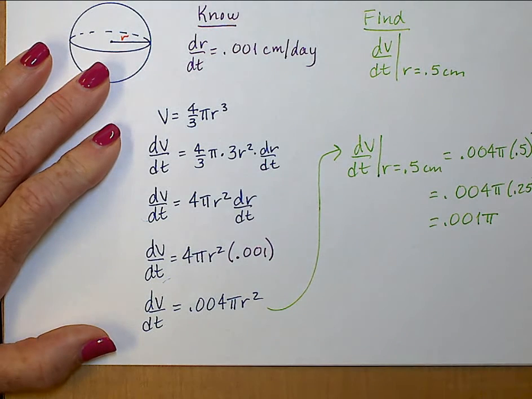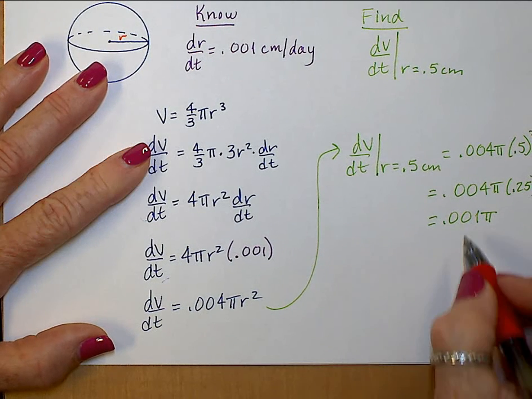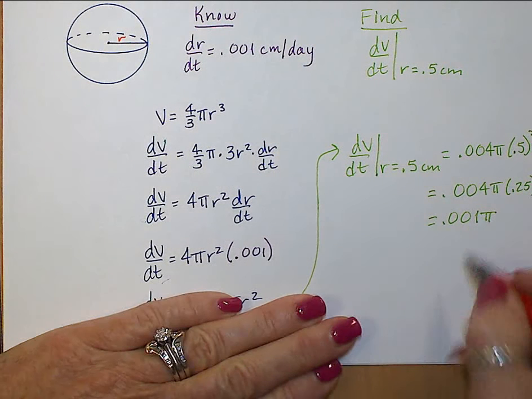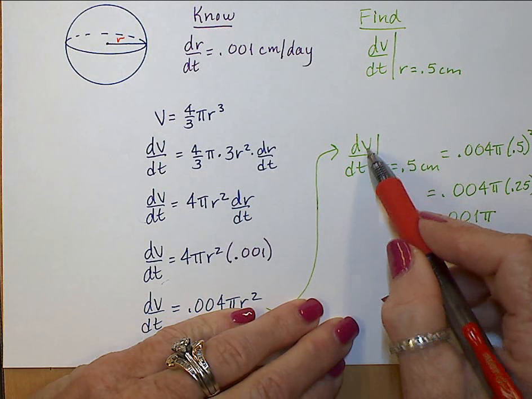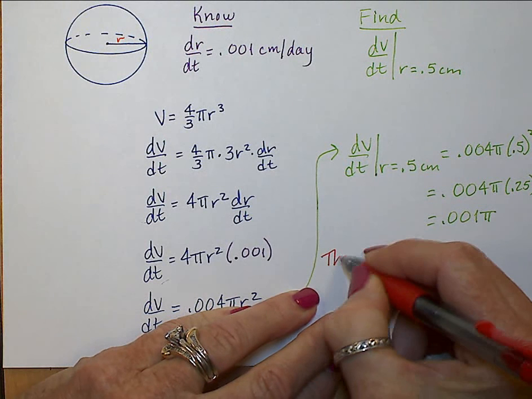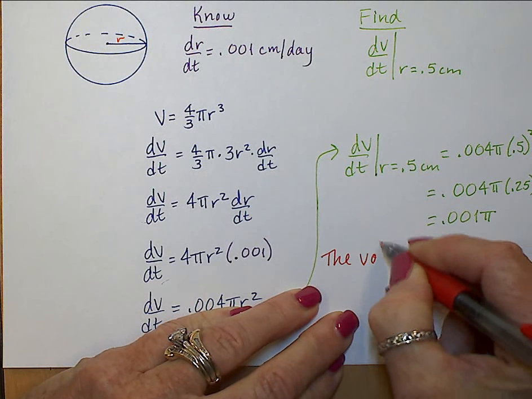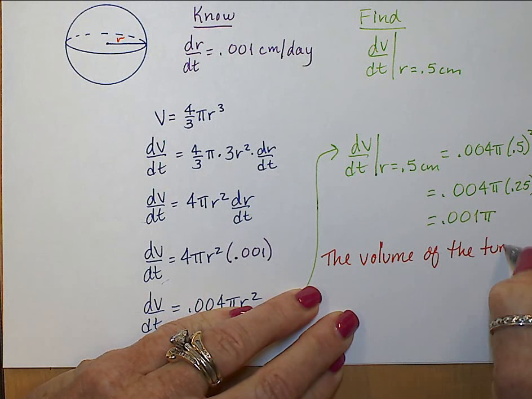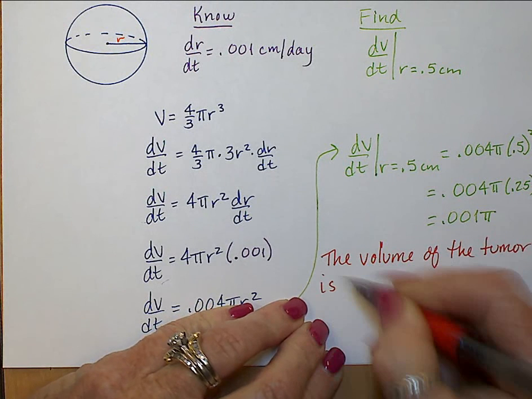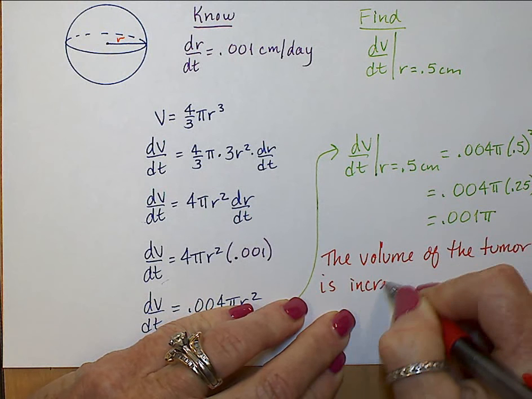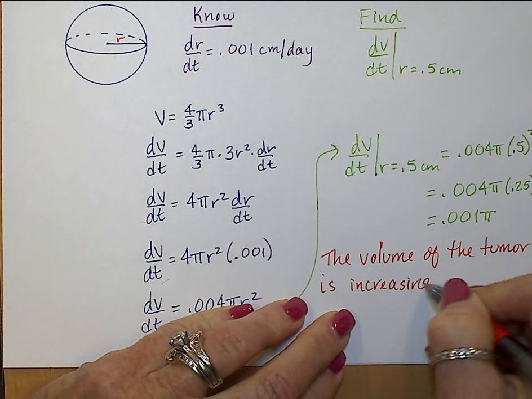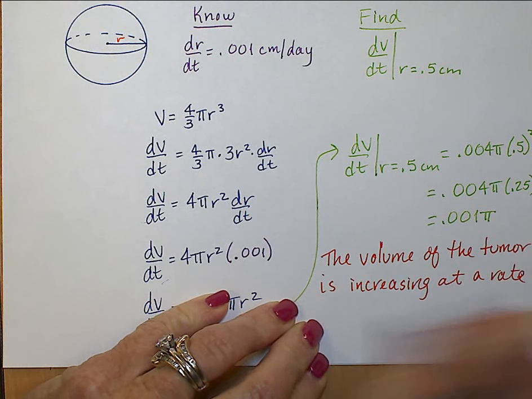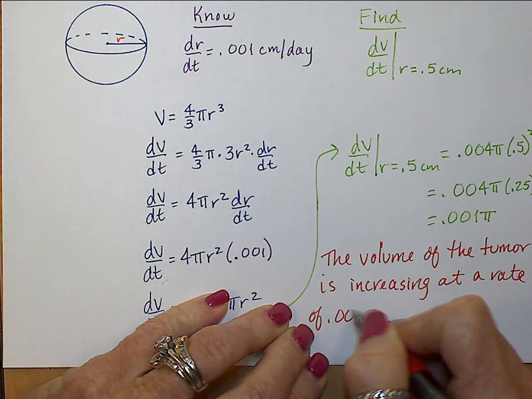Alright, not done. That's the numerical answer, but the last bit here is to write your answer in a sentence, and this is the rate of change of volume. So we will say that the volume of the tumor is increasing at a rate of 0.001 pi.